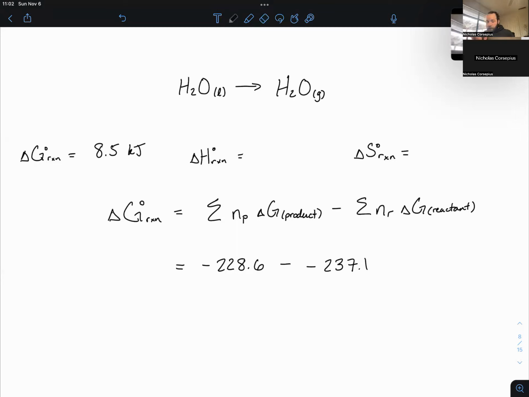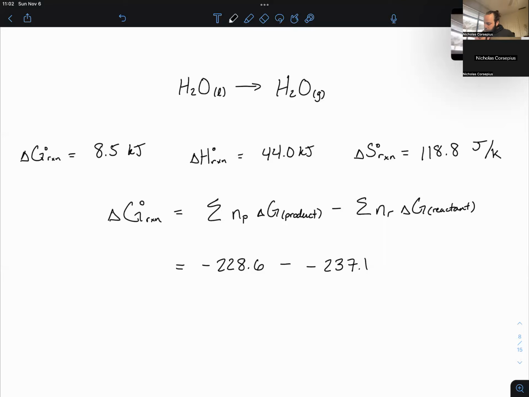And I can do the same thing for the enthalpy of the reaction, where I would get 44 kilojoules, and 44.0 if I'm going to be good with sig figs. And the entropy of the reaction, 118.8, and this is in units of joules per Kelvin.